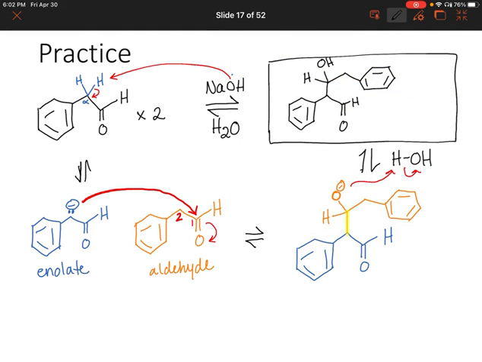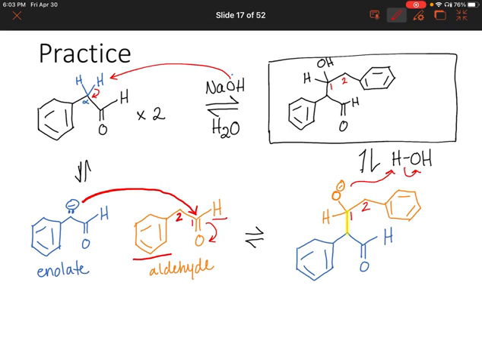That's not a methyl group. But in our product, we can then count, okay, we have carbon 1, carbon 2, and on carbon 2, we have this phenyl group. On carbon 1, we have a hydrogen. Okay, that checks out. And then we could even do the same in our final product, just to make sure that we have all of our carbons.